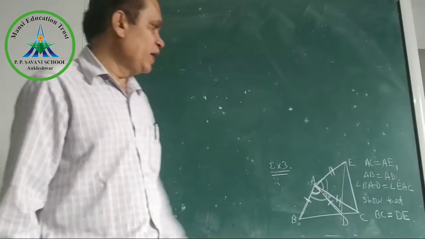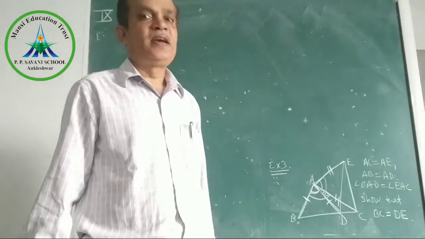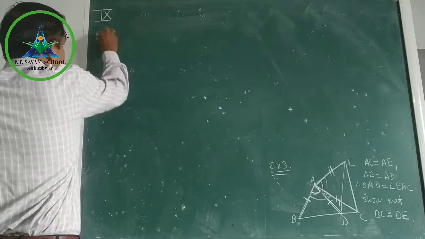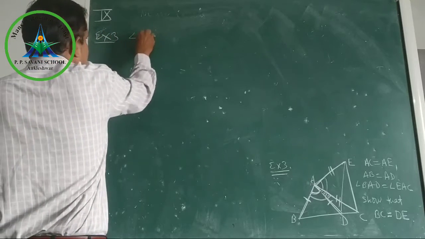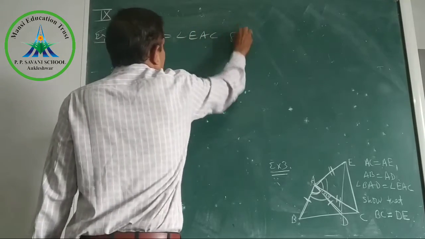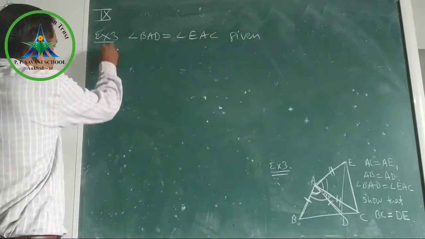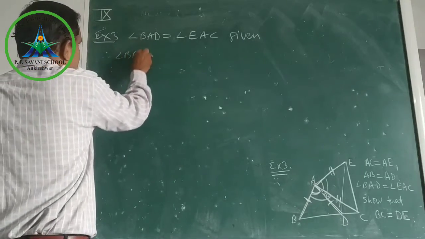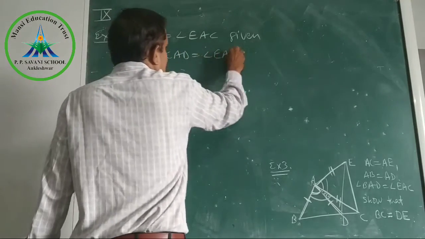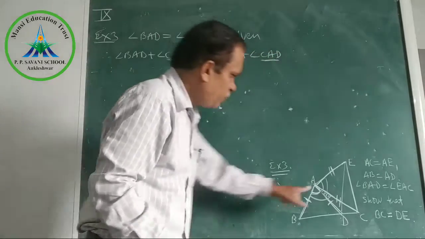So from this given, we will get a new pair of equal angles. Right? Now see, we are writing here. Example 3. Angle BAD equal to angle EAC. Given. Right? So I am adding common in both. Therefore, angle BAD plus angle CAD equal to angle EAC plus angle CAD. See, CAD. This part.